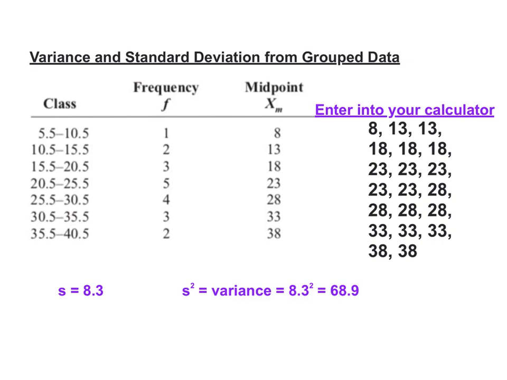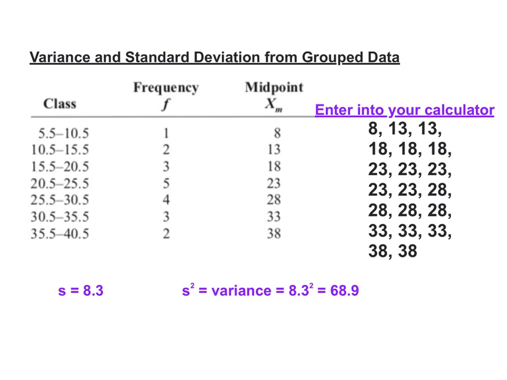Yeah, let me see if I can. You can enter this table directly into your calculator, and when you get to the stat calc, it gives you an option to select which list the data is in, and an option to select which list the frequency is in.